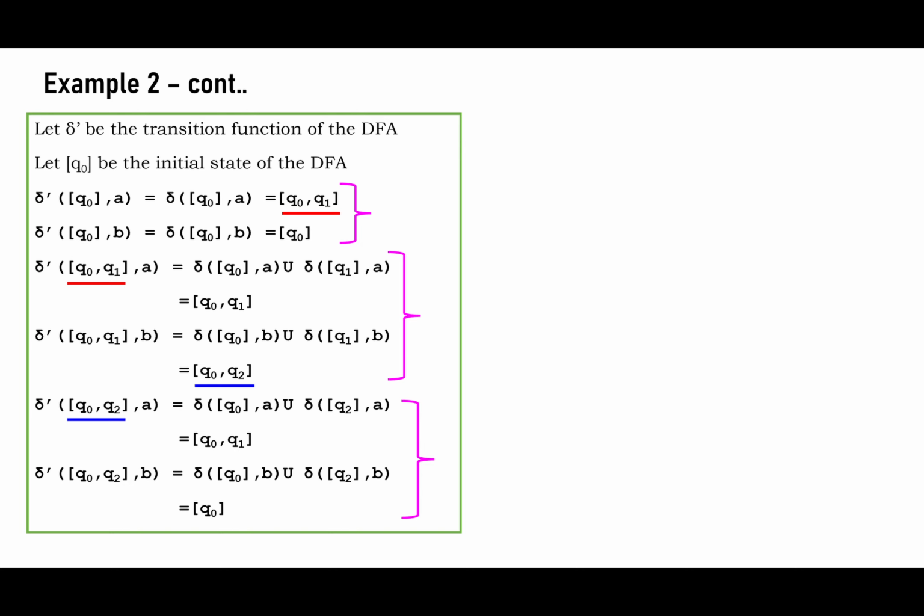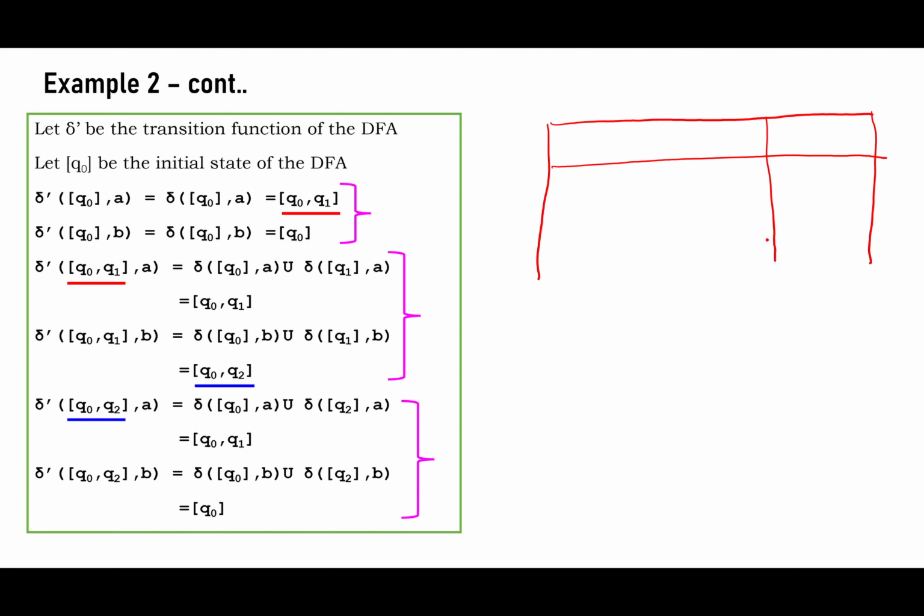So these are the steps we saw earlier. Now we are going to draw the table for this. Here there are two input symbols, a and b. And what are the states available? q0 we have taken as the initial state. Then from q0 we got the state q0 comma q1.